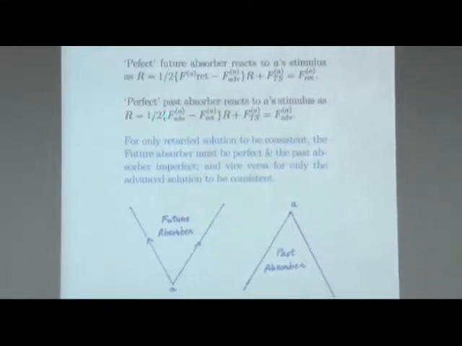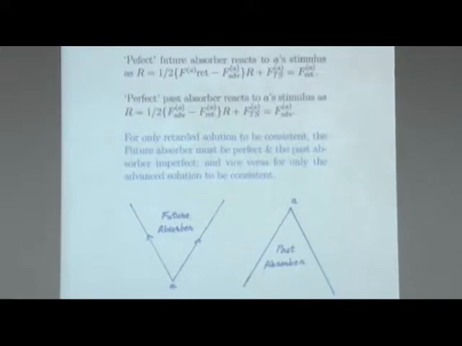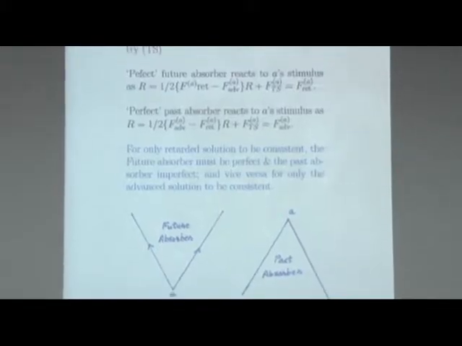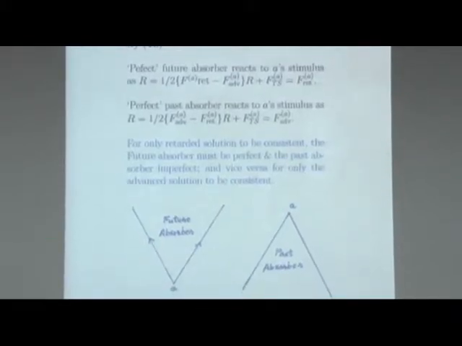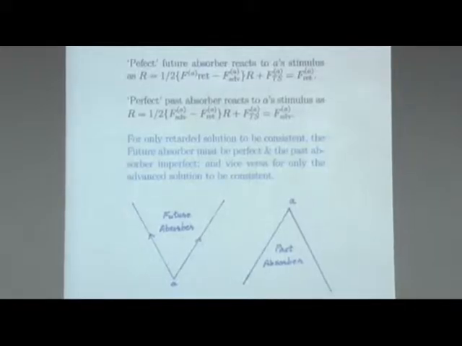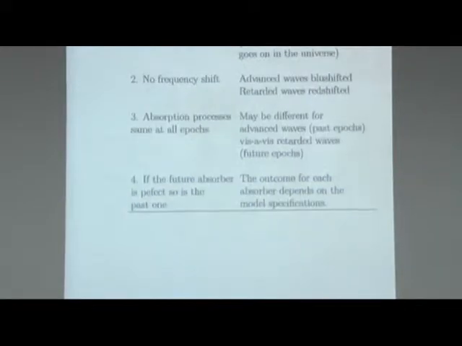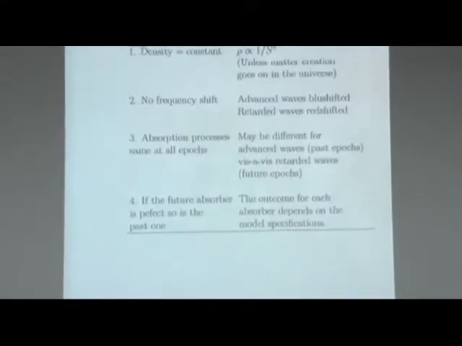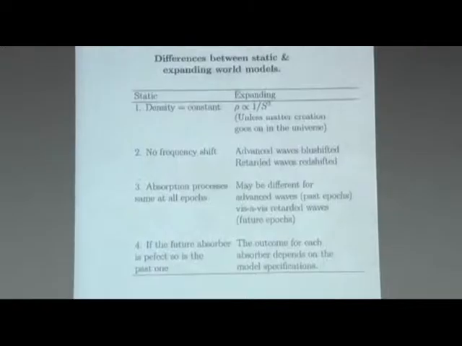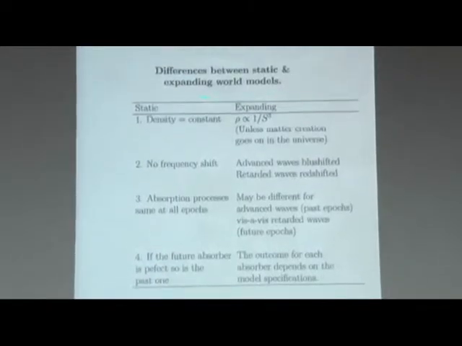But in an expanding universe, that need not be the case, as you saw, that something going in the future and something going in the past is encountering different types of physics. So, this is what we can say about the differences between static and expanding world models.